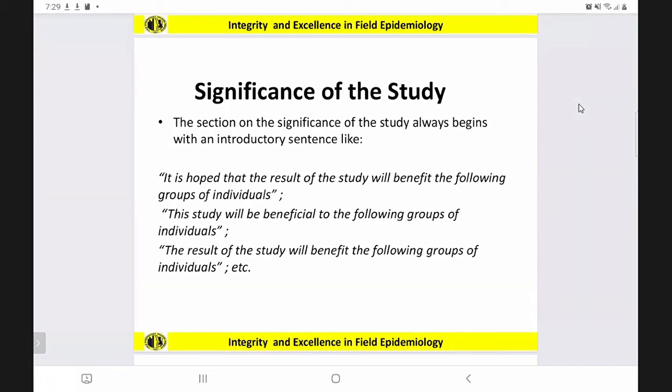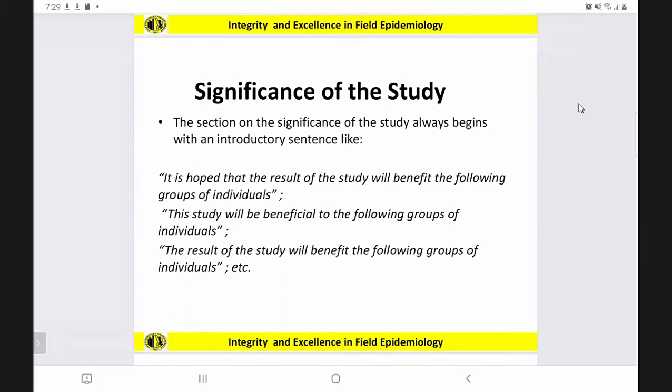Don't discuss anything more, because otherwise you won't have anything left to discuss in the review of literature, in the summary, conclusions or discussions. If you make a lot of opening statements or paragraphs in the significance of the study, redundancy will occur because a lot of things have already been stated in the introduction.